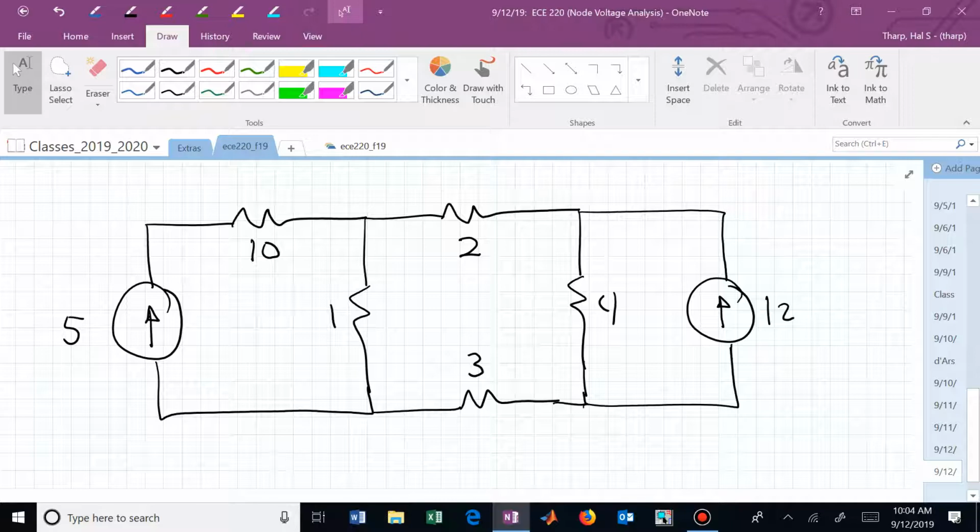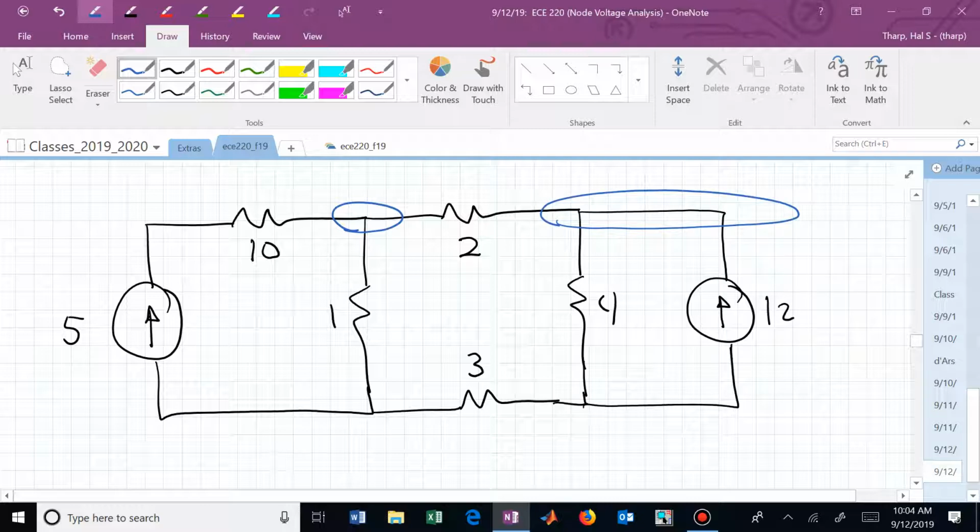Two elements being connected, is that an essential node? No, not by definition of essential node. So here's an essential node. Here's an essential node. Here's an essential node. And here's an essential node.